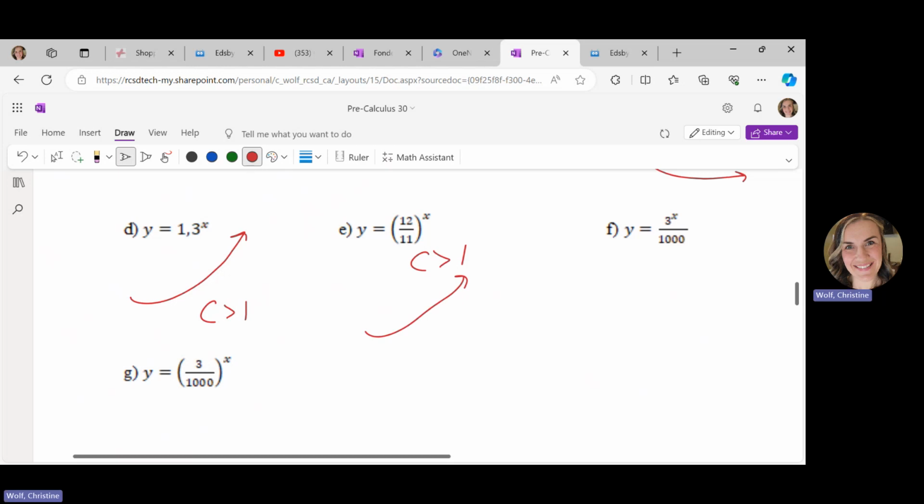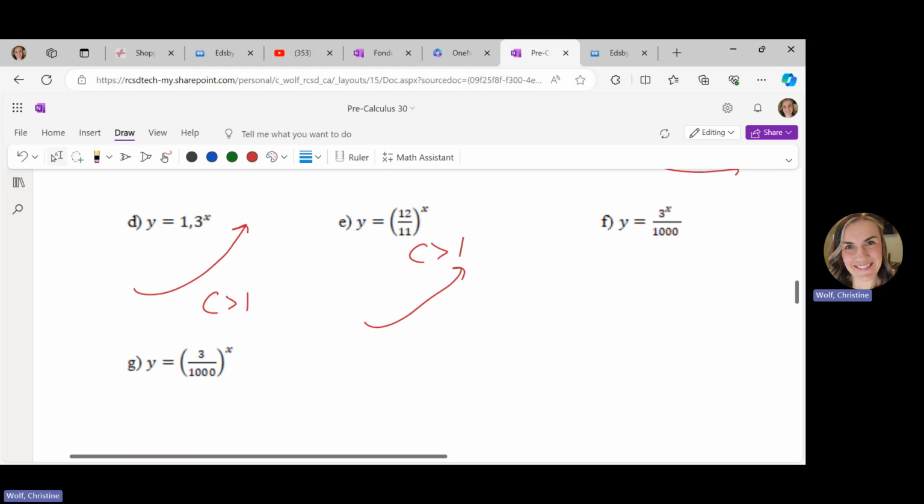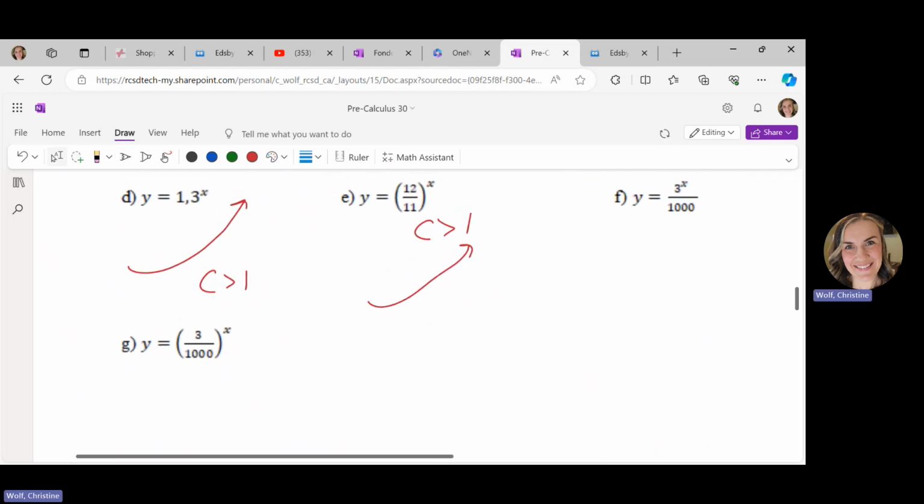Two more. And if you look at the last two, just take a look at f and g. I want you to be able to distinguish the difference between f and g. It's both 3/1000. But if you look at f, what is your base in f? The 3, because the 3 has the exponent, right? So to figure out if it's increasing or decreasing, just look at the 3.